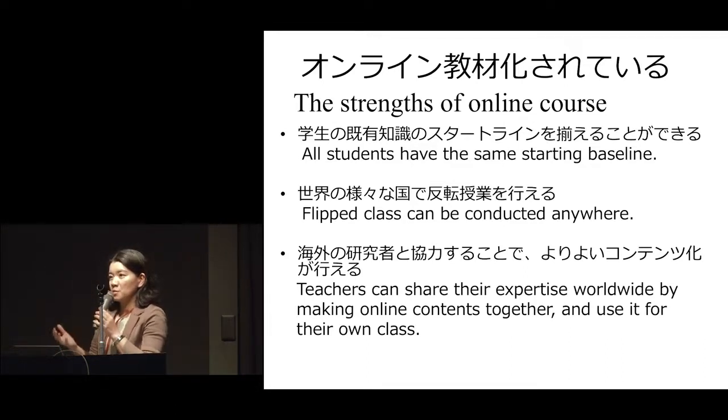And also, the local faculty can use Professor Uesugi's contents and do their flipped class on site. And also, the online materials can be supplemented by other faculty, and through this practice, we can accumulate very good educational resources in my MOOC course. So that was a comment by Professor Uesugi.